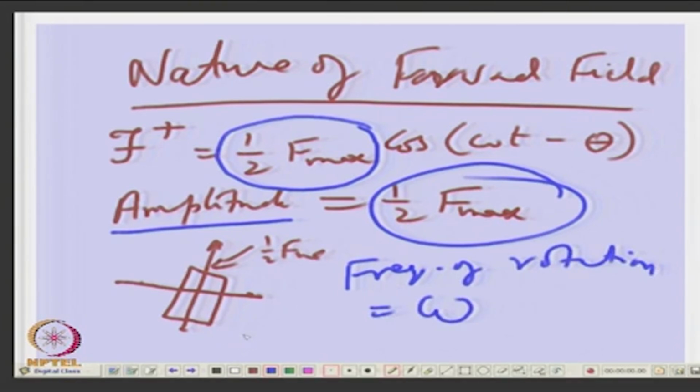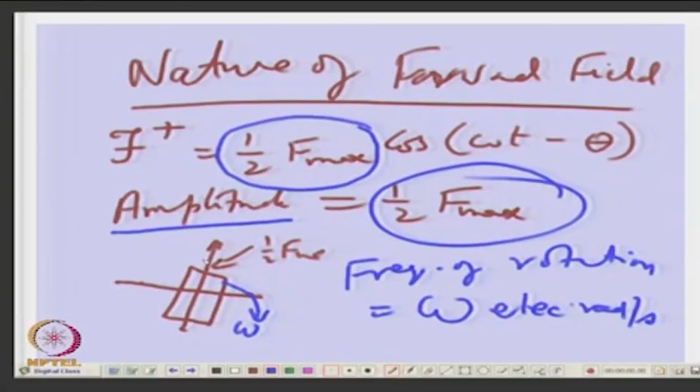The unit, omega is what? Radians? Electrical radians. Omega electrical radians per second. So, it is rotating at omega. This magnet is not standing, unlike in the earlier case where we kept the magnet standing. The magnet was not rotating at all, but the amplitude was changing. So, here my amplitude is not changing.